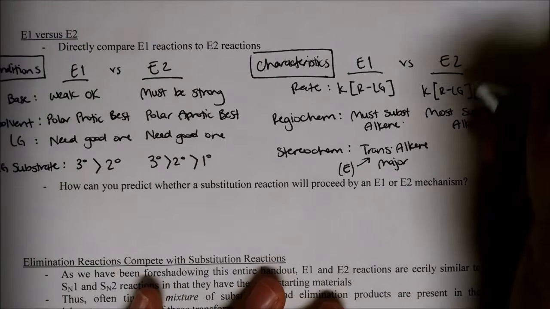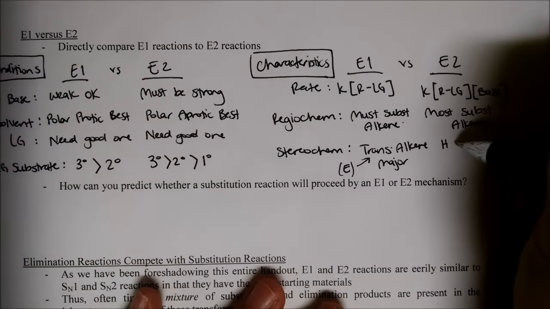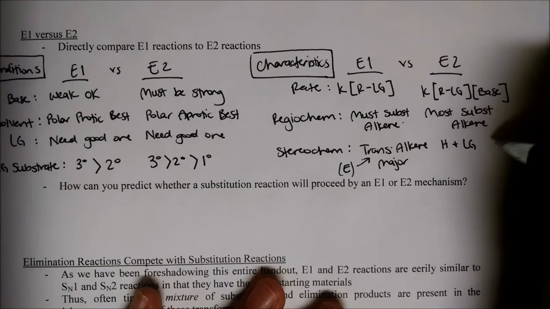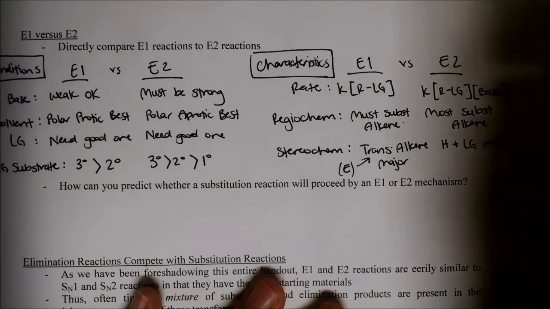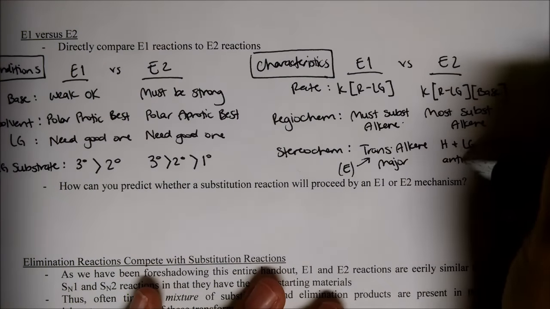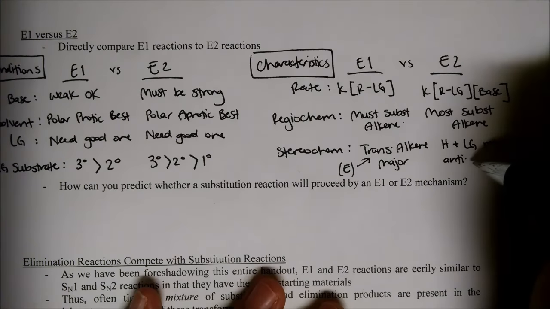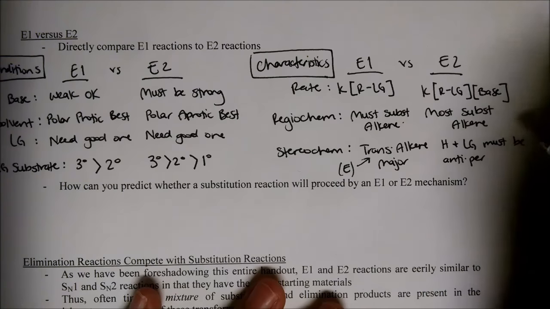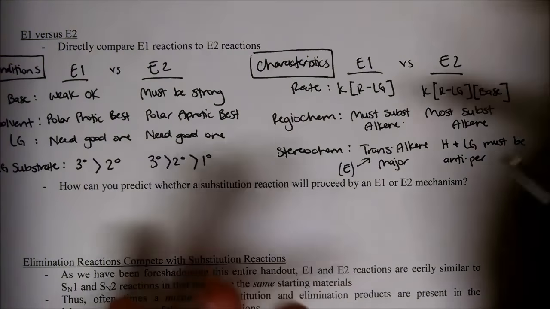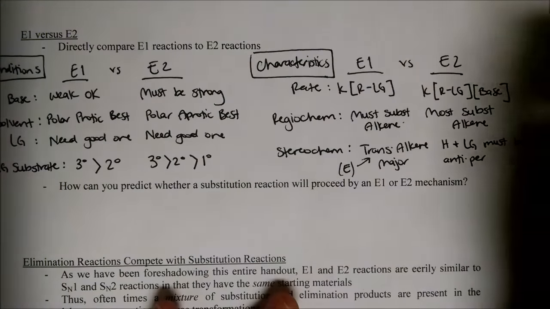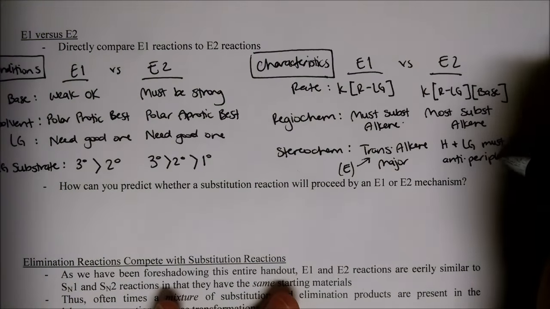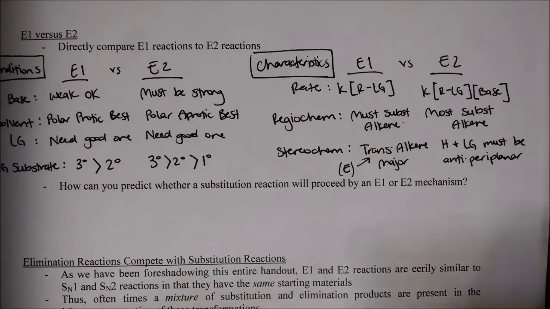It only formed one product, and that product is a result of the H and the leaving group having to be anti-periplanar. Whatever diastereomer, whatever conformation of the alkene we get from them being anti-periplanar, is the only product it gets.